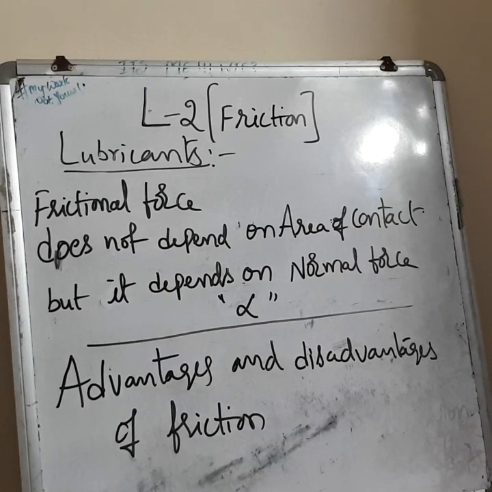Next time, take one more brick and place it on the first brick, and again pull using the spring balance and find the force. When there is one brick, the force is less. When you take two bricks, the force applied is more. So from this activity, the frictional force depends on the normal force.